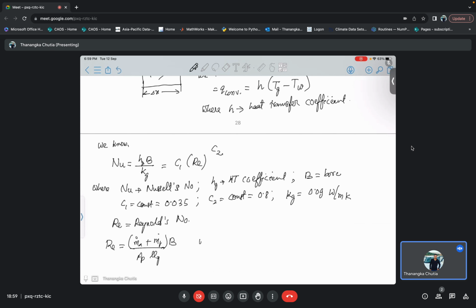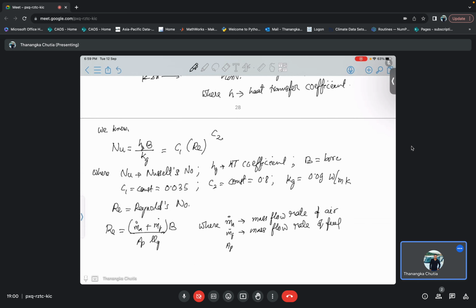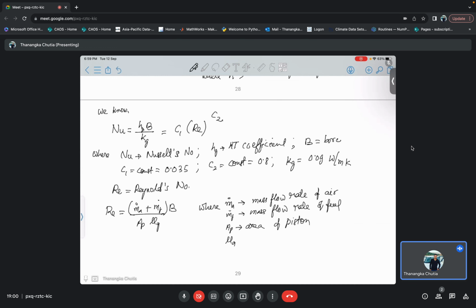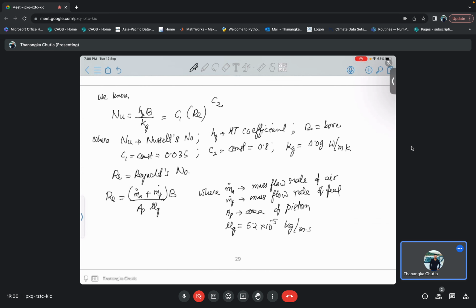Here ma dot is the mass flow rate of air, mf dot is the mass flow rate of fuel, Ap is the area of piston, and mu g is the viscosity of the gas, which in this case is 5.2 into 10 to the power minus 5 kg per meter second.